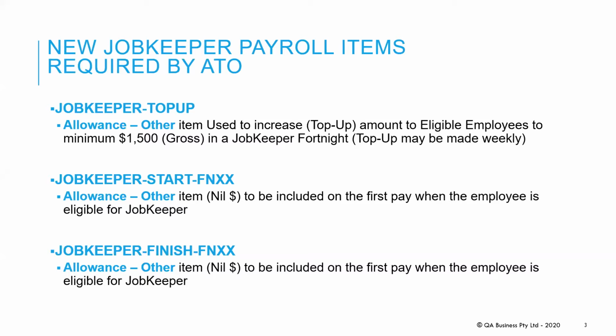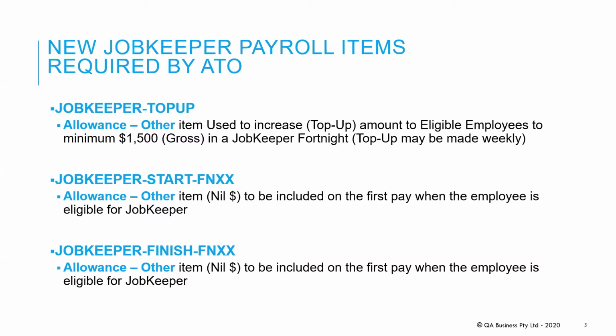It's an allowance type, other, and it's used when you need to top up an eligible employee's pay to get it up to the $1,500 JobKeeper amount, which is the minimum amount per fortnight. So if someone earns less than that and they're an eligible employee for JobKeeper, you'll need to pay a top-up amount to get them up to $1,500. And you'll use this item to record that additional amount.